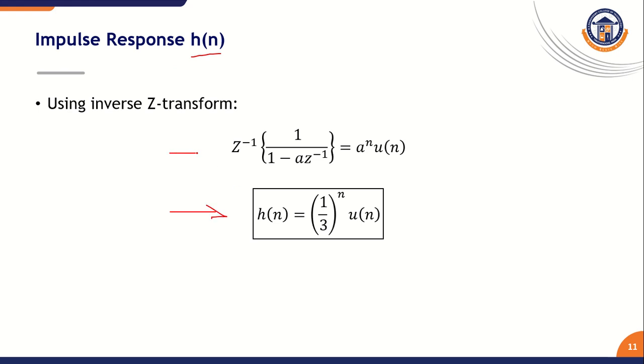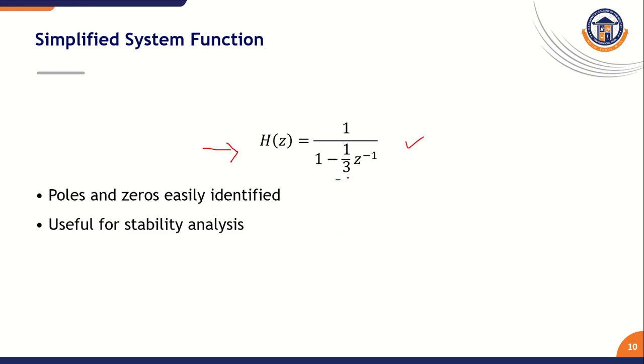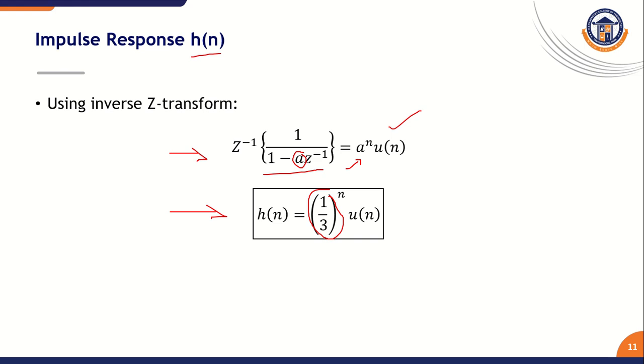We know the standard form: when taking the inverse Z transform of this term, it is a power n into u of n. Instead of a, we have 1 by 3 in our system equation. So applying the inverse Z transform to the system function, we get the impulse response of the given system, h of n.